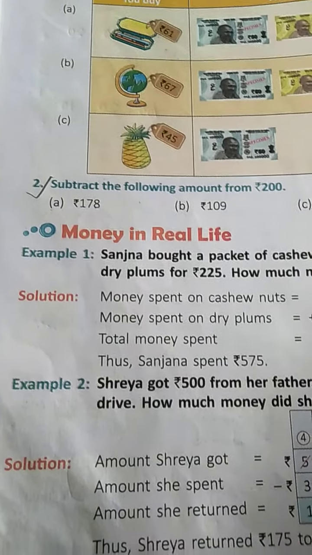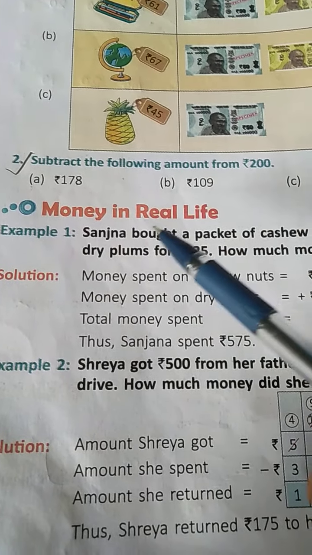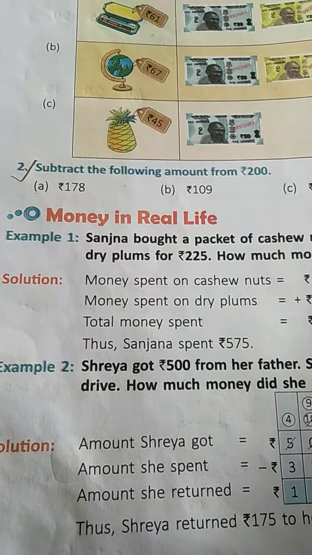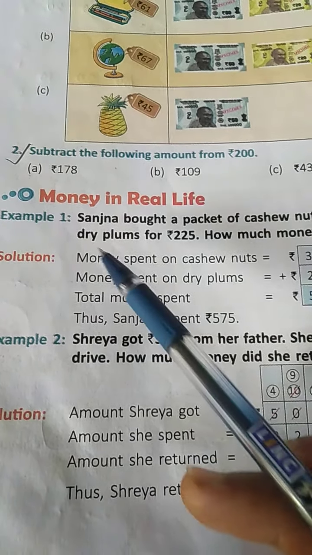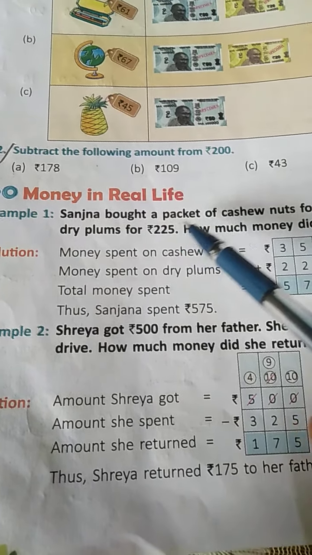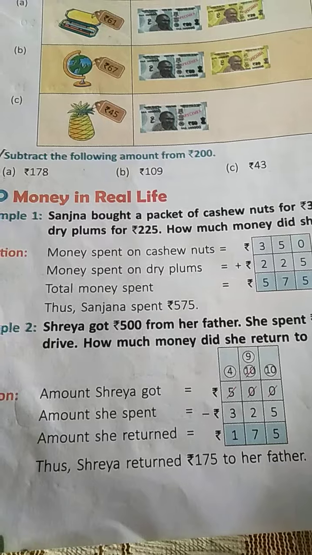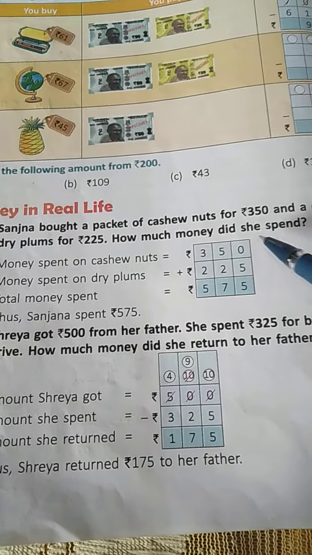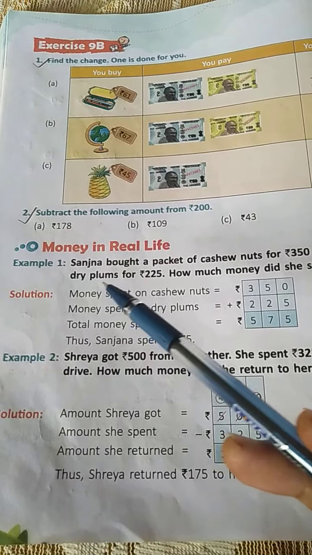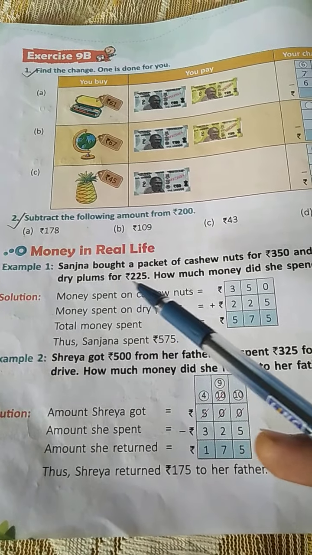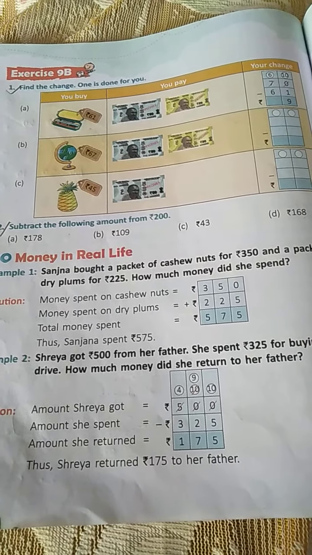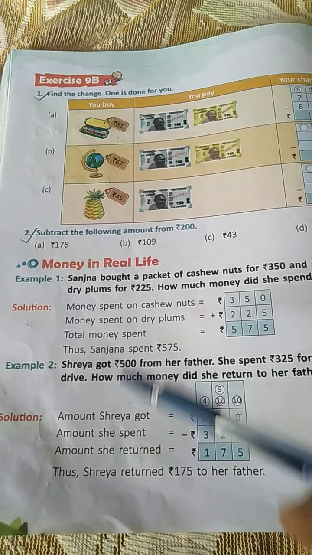Now next we come to the next topic, money in real life. See here, an example is also given. Sanjana bought a packet of cashew nuts for rupees 350 and a packet of dry plums for rupees 225. How much money did she spend? The solution is also given here.